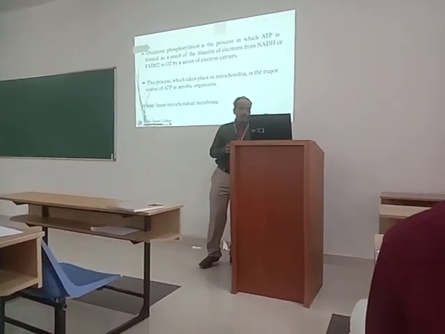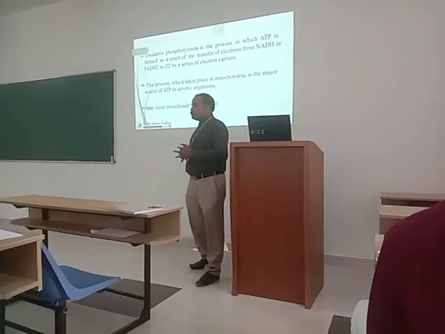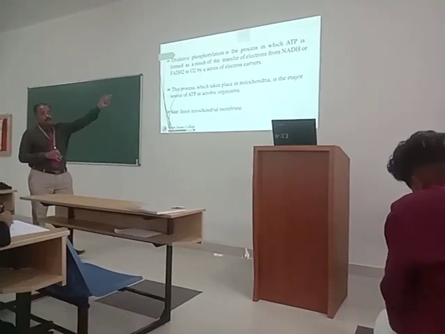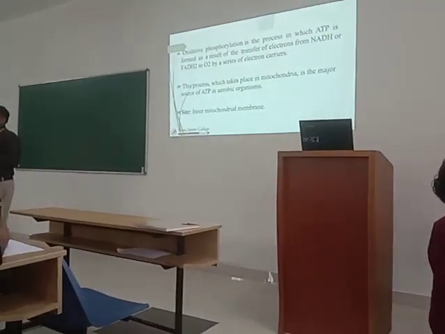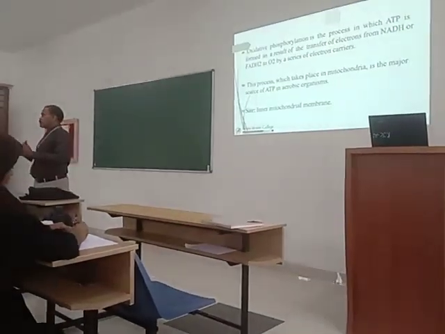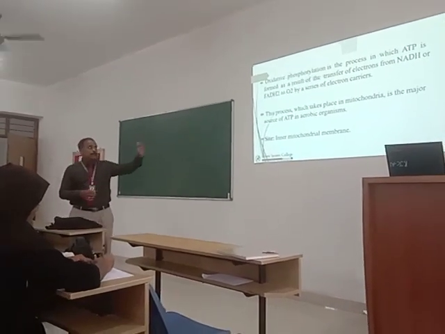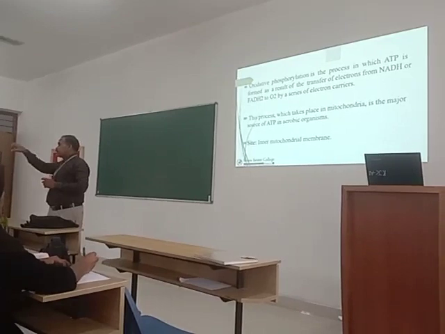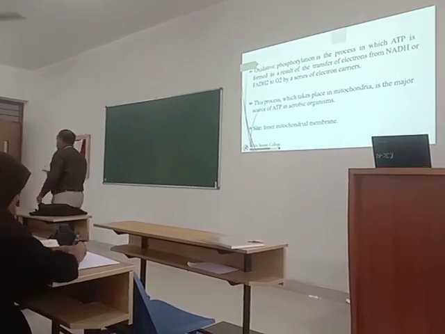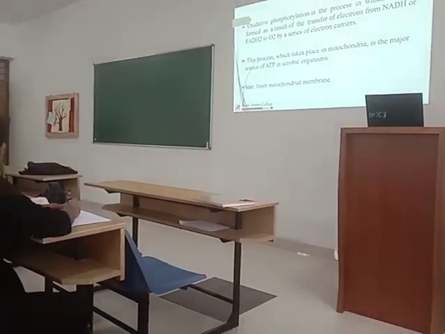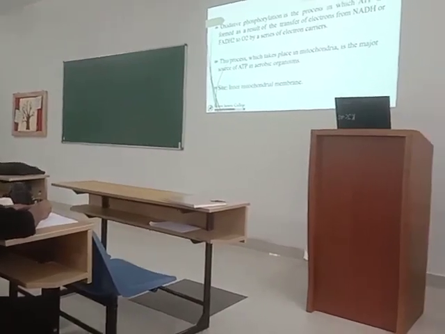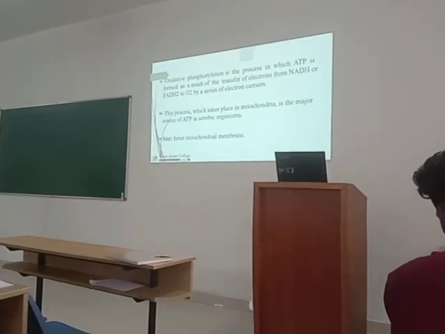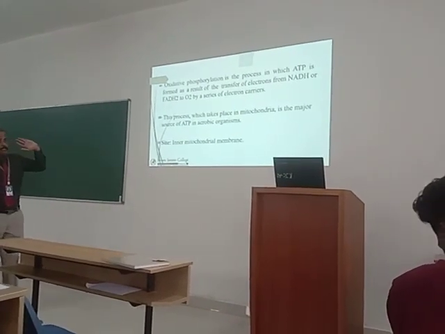Oxidative phosphorylation is a process in which ATP is formed as a result of transfer of electrons from the energy rich molecules NADH or FADH2 finally to molecular oxygen, through a set of electron carriers. So the synthesis or production of ATP, when these electrons are transferred from the energy rich molecules to the oxygen, we call it oxidative phosphorylation.